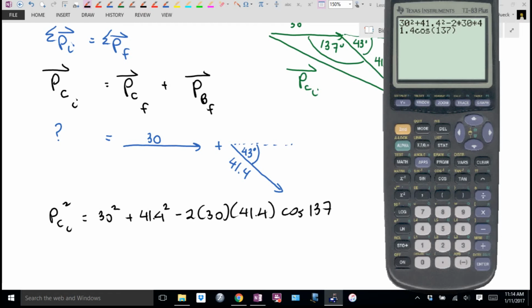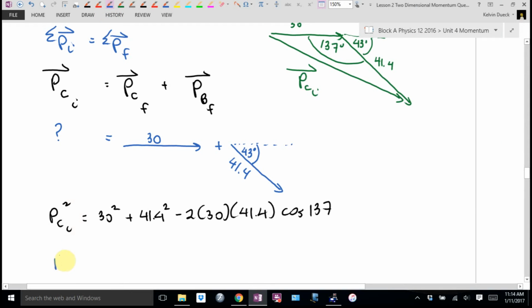Look for typos. Square root of that. Don't forget to square root, Mr. Dewick. And I get 66.563, which looks about right in terms of the scale of my triangle. It is a longer line, so it should be bigger than 41.4, but it's not crazily longer than 41.4. If I got like 700, I'd be nervous.